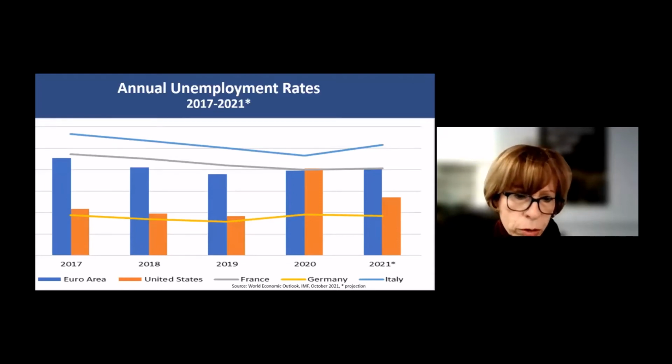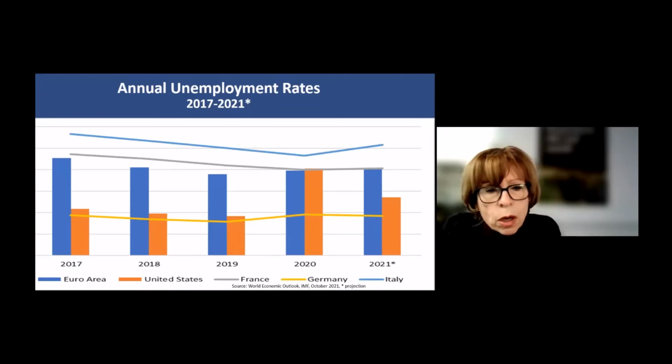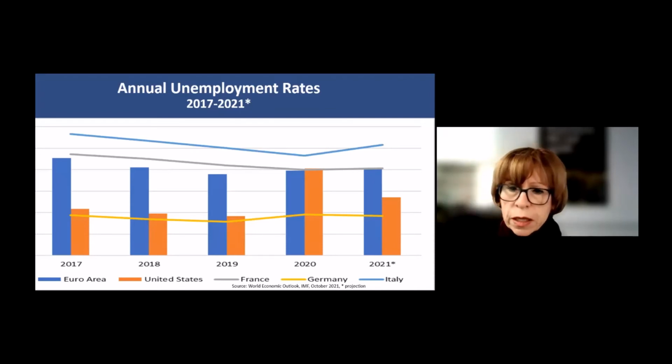Now, here is another time series analysis. Again, lots of information with the bar graphs representing the difference in annual unemployment rates in the EA and the US, with the EA being significantly higher than the US. And then the last year, we still have the EA being significantly higher, but that's a projection from the IMF.